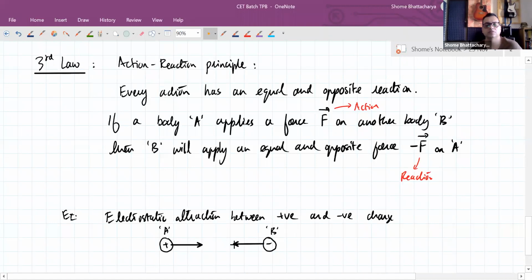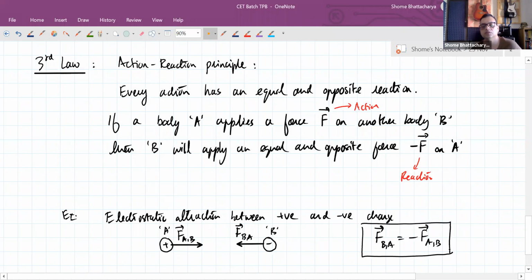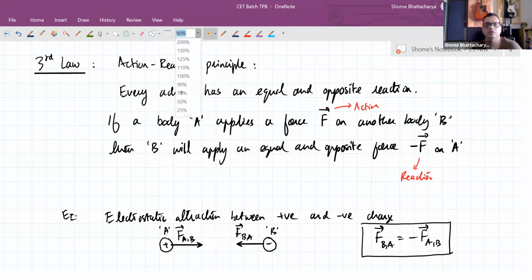This will experience a force like this. So let us say we label this as force on B because of A. This is force on A because of B. So force on B because of A will be minus of force on A because of B. In other words, they are equal in magnitude but opposite in direction.